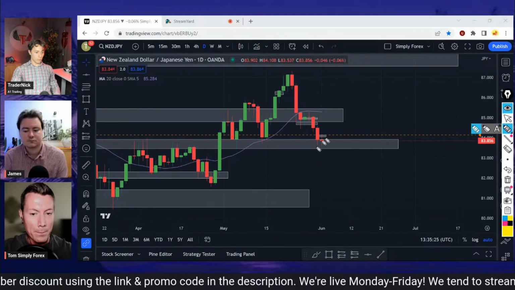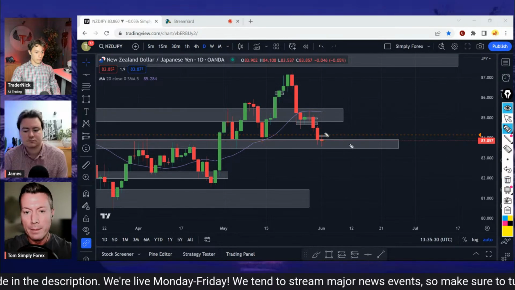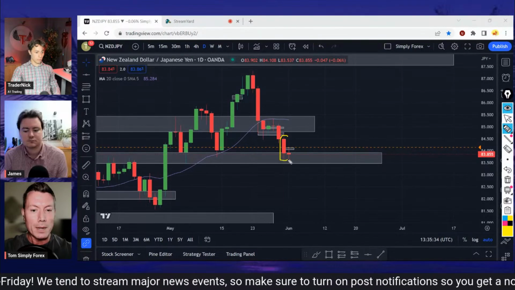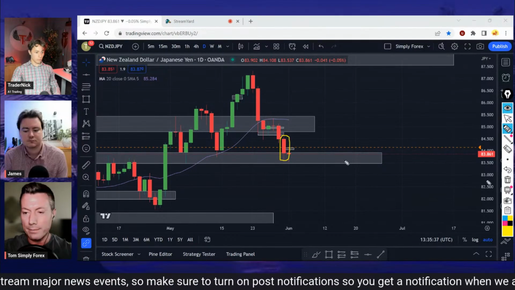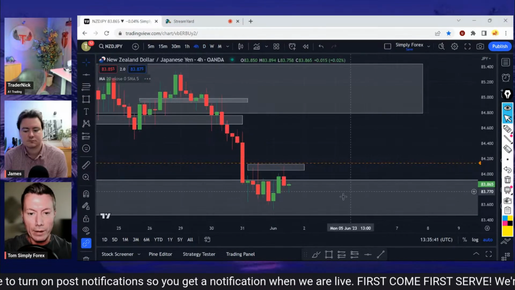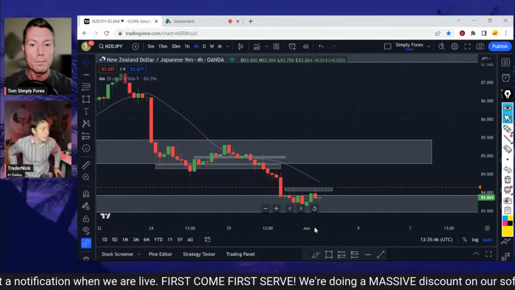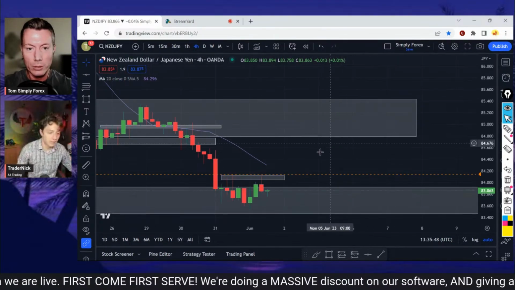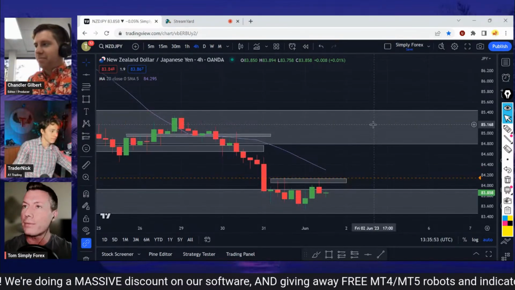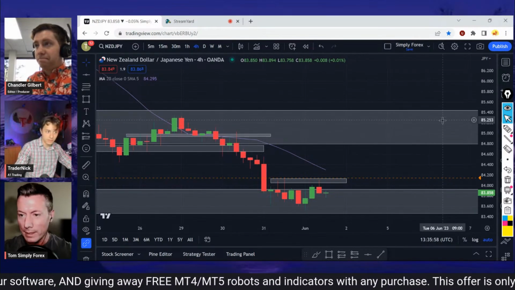I need a bit of a bullish reaction off of this support level here. Because yesterday's candle doesn't look like much of a buying candle. So I'm waiting for that to happen. And then if we drop down to the lower time frames, I'm just looking for more clues for me to buy this pair, basically. So when I say clues, I mean structure breaks and something that tells me buyers are taking control of the market.